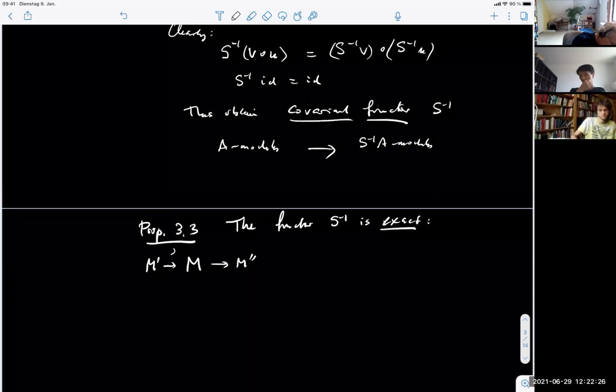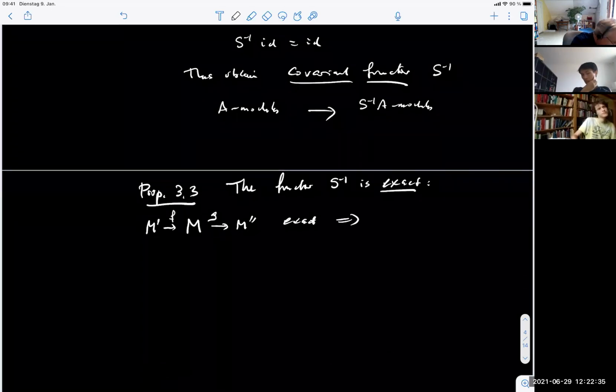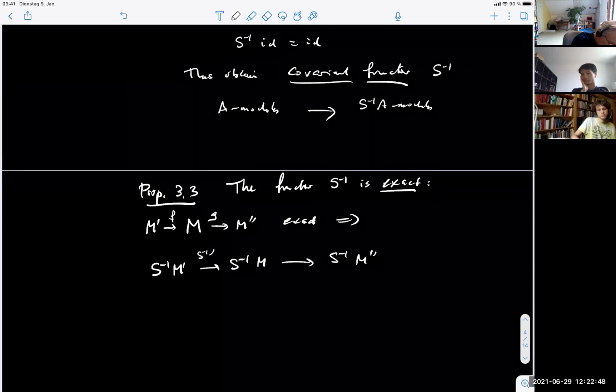I call these A linear maps F and G. If this is exact, then the corresponding sequence after localization is also exact. So everywhere I have to put the S minus 1. And this is S to the minus 1 F, S to the minus 1 G. And the point is, this is exact as well.